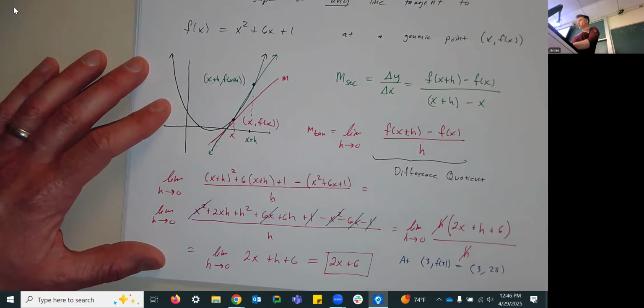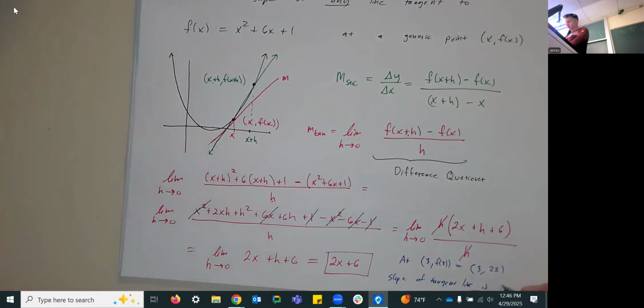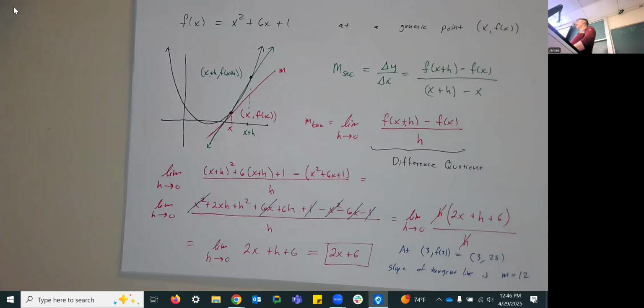At that point, the slope of the tangent line is going to be, if we plug in 3 for x, 2 times 3, which is 6, plus 6. Slope is going to be 12. And then I can ask a different point, and we just plug it back into that thing. You don't have to keep deriving this slope every time you pick a new value of x.